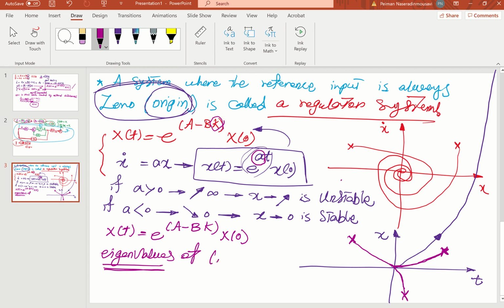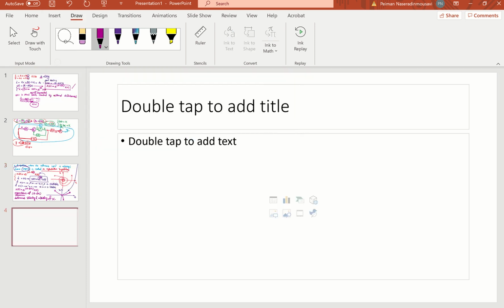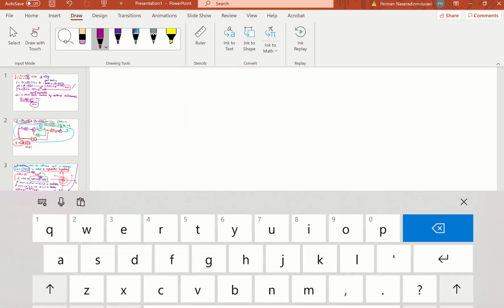Eigenvalues of a minus bk determine stability and instability of x. I'm gonna say what? Yes, it is. I have a mathematical proof for that. How? Here we go.